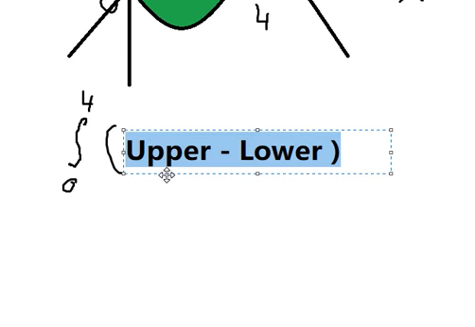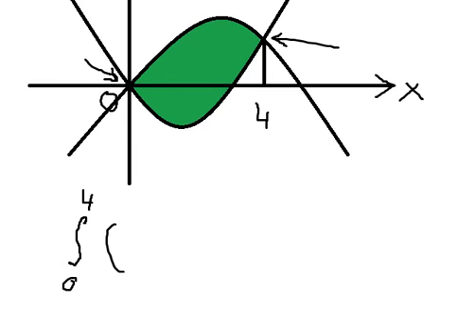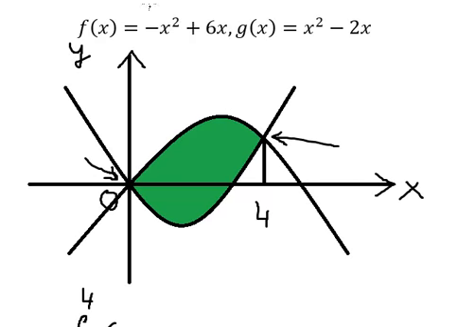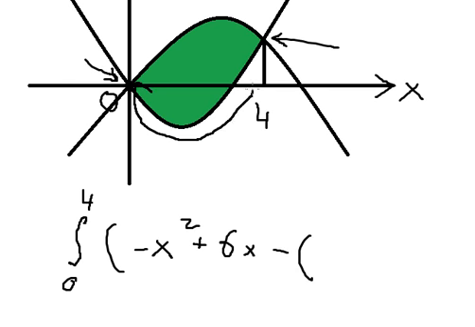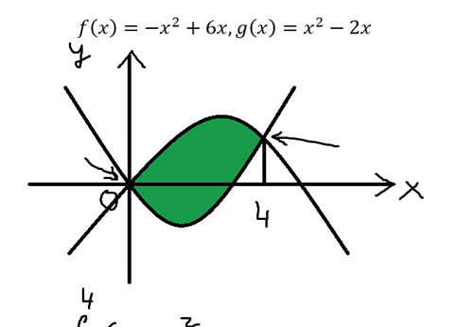So the upper is this one, and the function of this one is here. Minus the lower, that's this one here. So that should be this one.